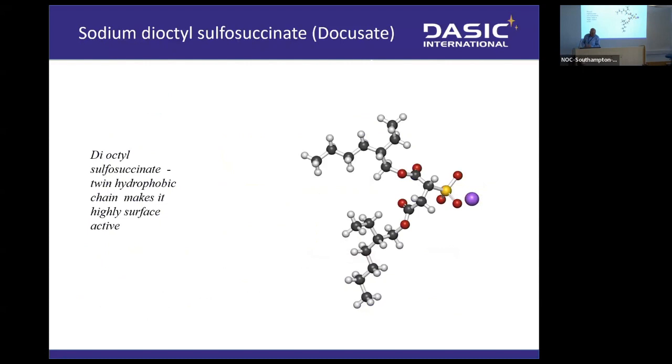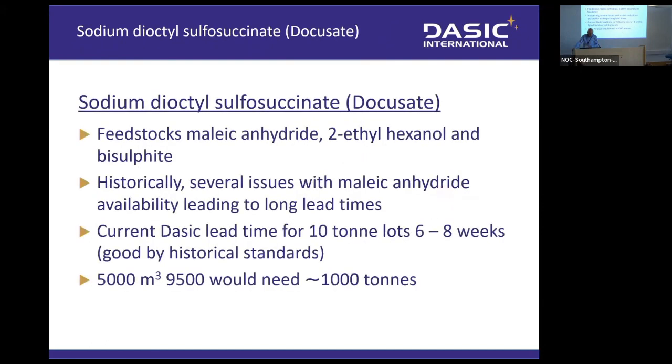Just to finish off and talk about dioctyl sulfosuccinate, which is the other key ingredient in all the major dispersants. That's just a picture of the molecule in 3 dimensions. It's got 2 fatty acid chains on it, which makes it highly surface active. That's made from 2 feedstocks, maleic anhydride and 2-ethyl hexanol, and bisulfite.